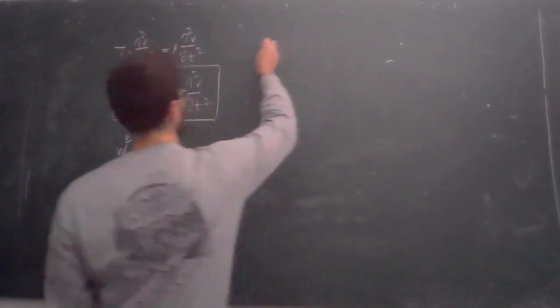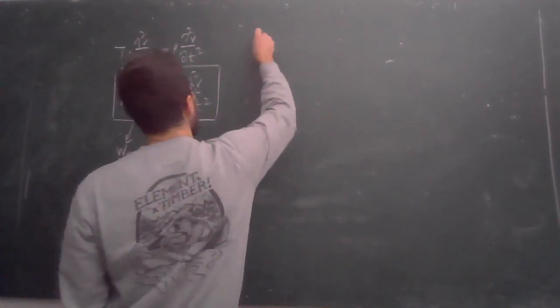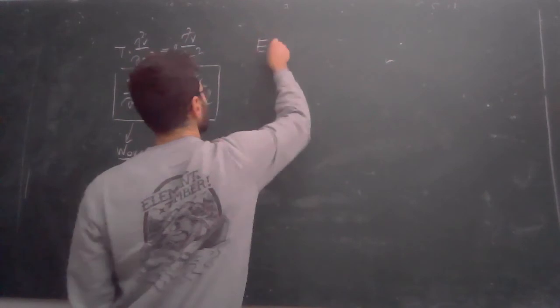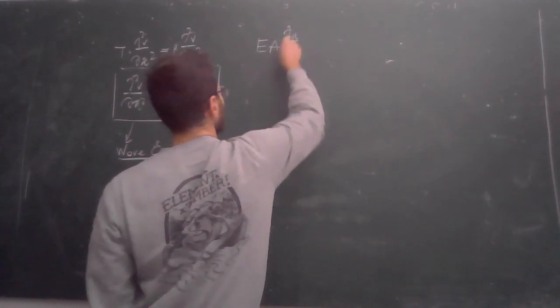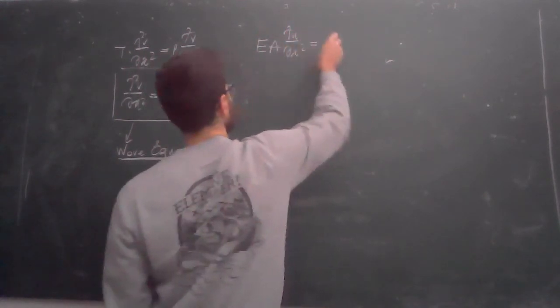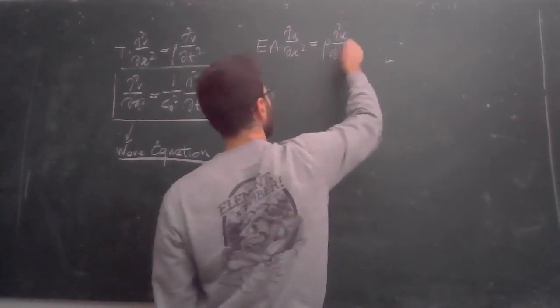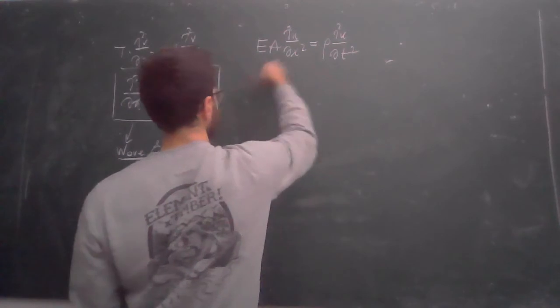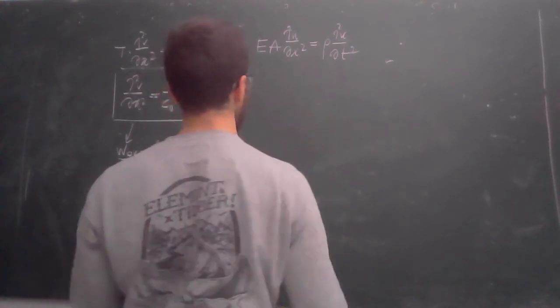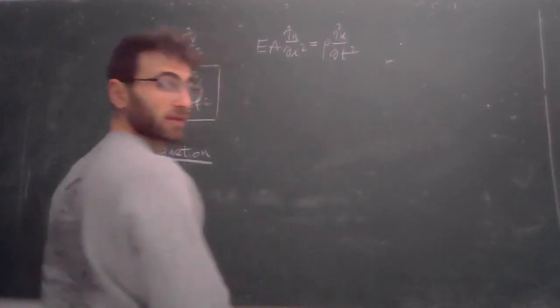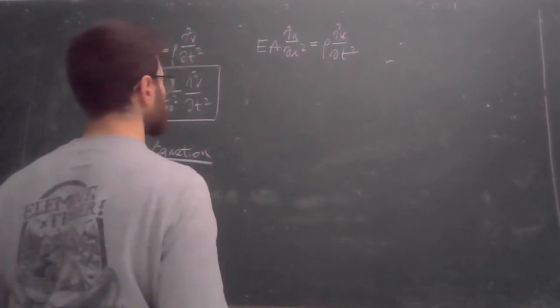The equation becomes, we divide both terms by EA, the axial rigidity.